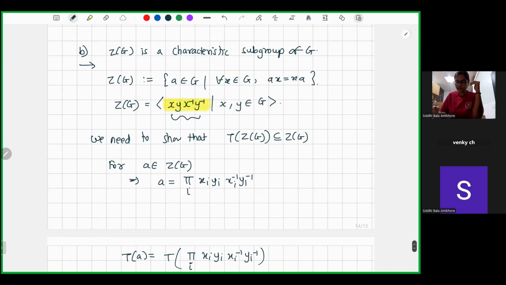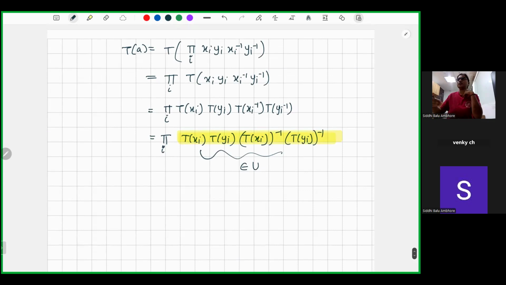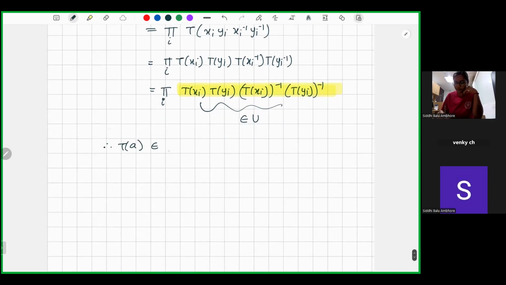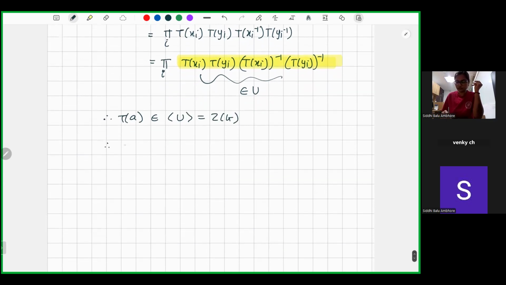Let us call this set U. U is equal to this set, and ZG is generated by this U. So the image is again a product of these elements of U. Therefore this T of A belongs to the ideal generated by U, which is ZG.